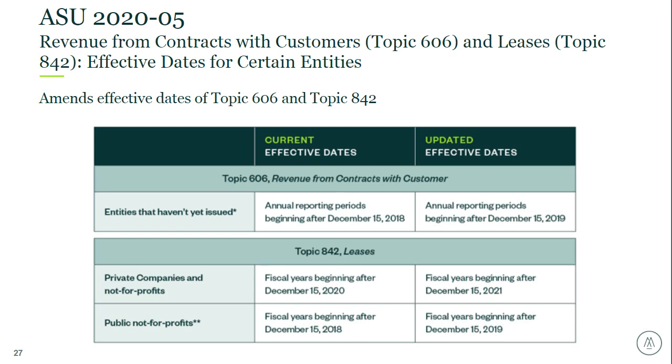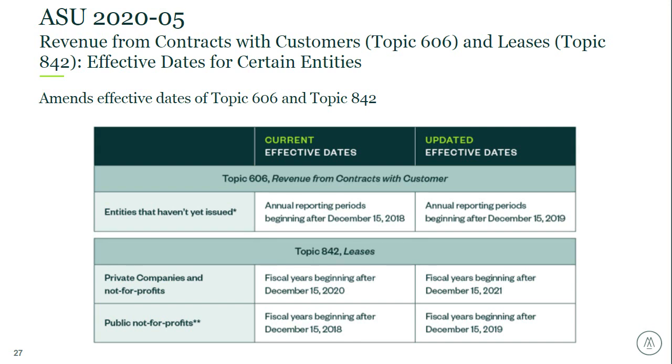So not-for-profits with public debt, the new lease standards would be effective here for calendar 2020 or fiscal 2021s. And then all other not-for-profits that don't have public debt, you have a couple more years before this is going to be effective.